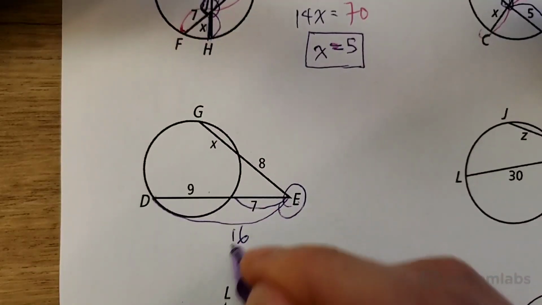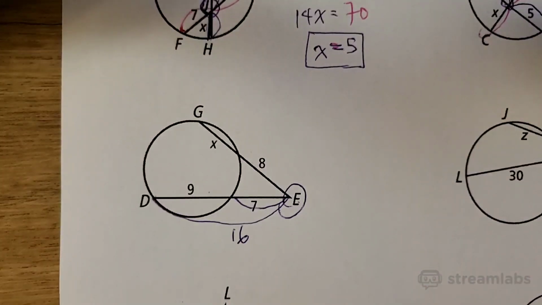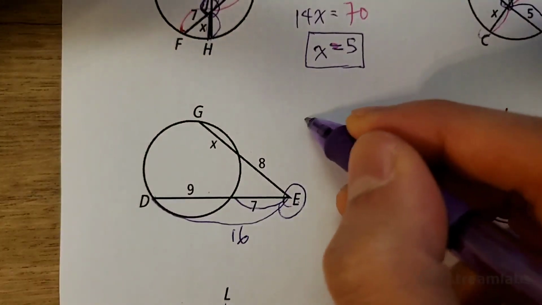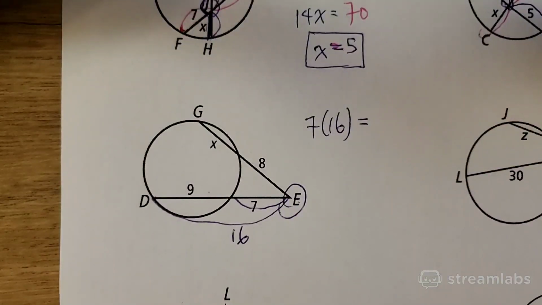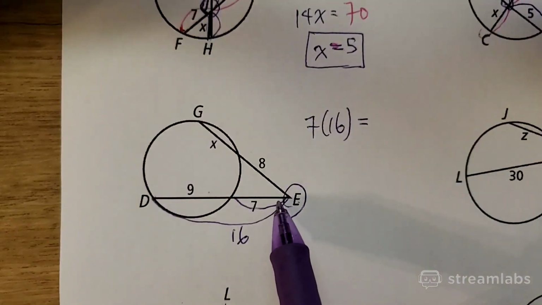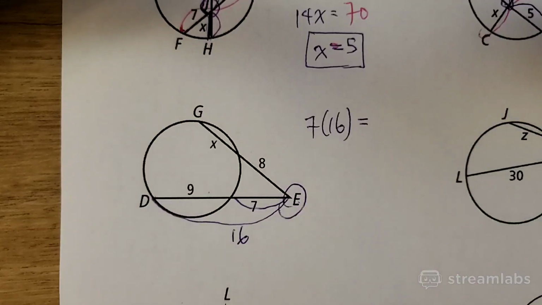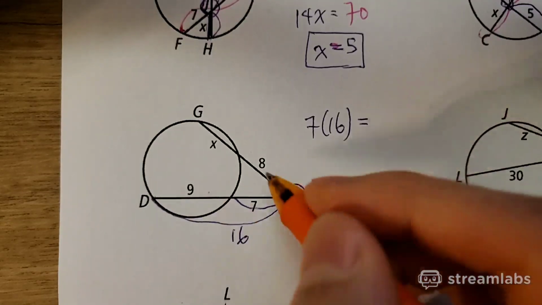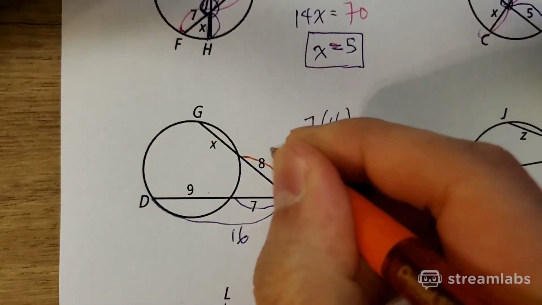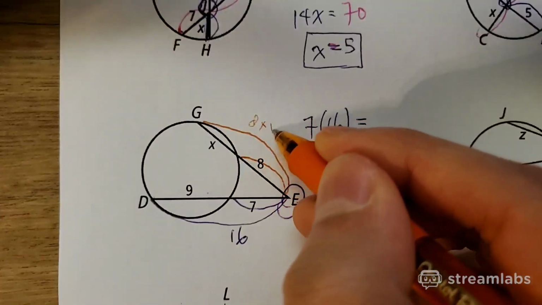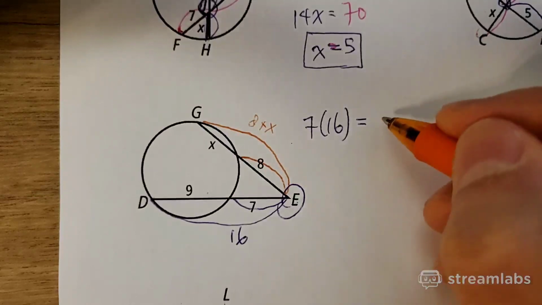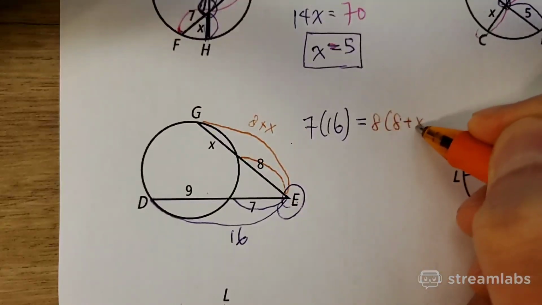So that's going to be 16. Okay, so the first part, 7 times 16 is equal to 8, and then the whole thing here is not just x, it's 8 plus x. Right? So 8 times 8 plus x.